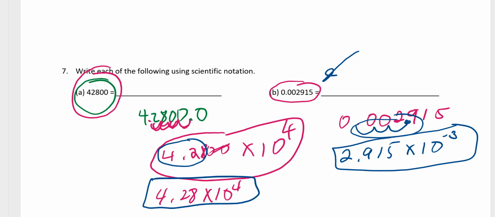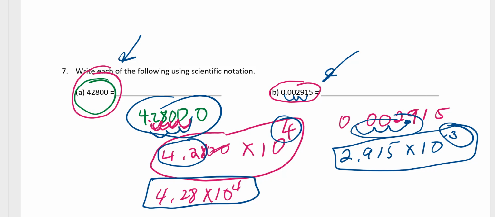But if you want a rule, when you are changing it from a regular number to scientific notation, if you're moving backwards, you will put a positive power, and if you're moving forwards, you will put a negative power. But I'd rather you think about it the other way that I told you.